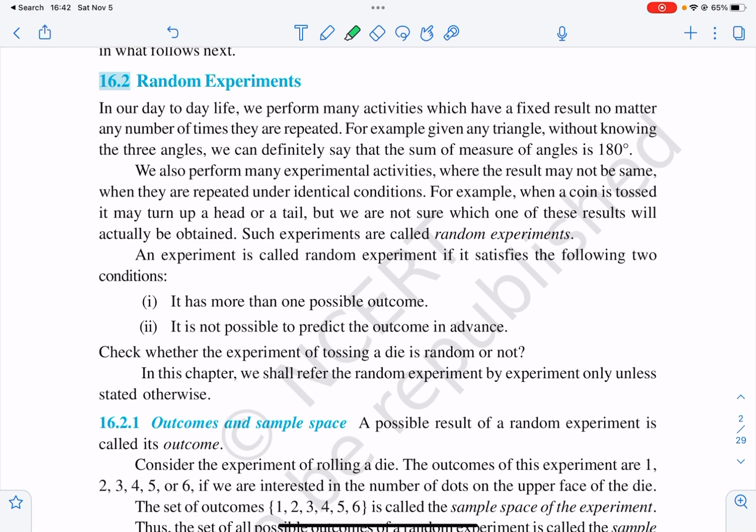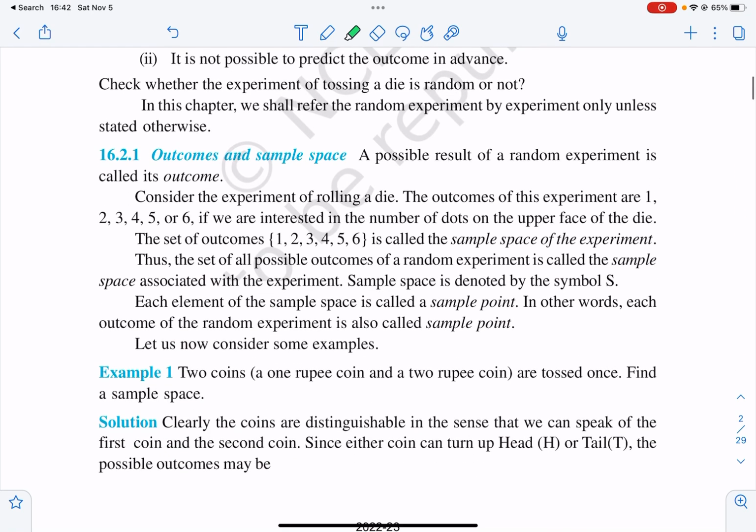Now, before you go into the details, you have to understand some of the terminology before you can understand the axioms. So we first start with the meaning of random experiments. Then we will look at what you mean by outcomes and what you mean by sample space. And there is also a word called sample space of the experiment.